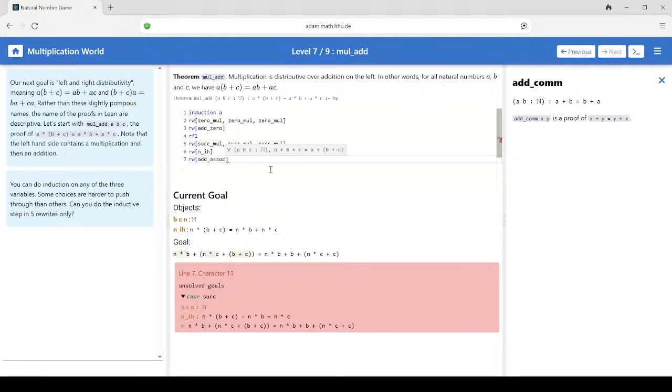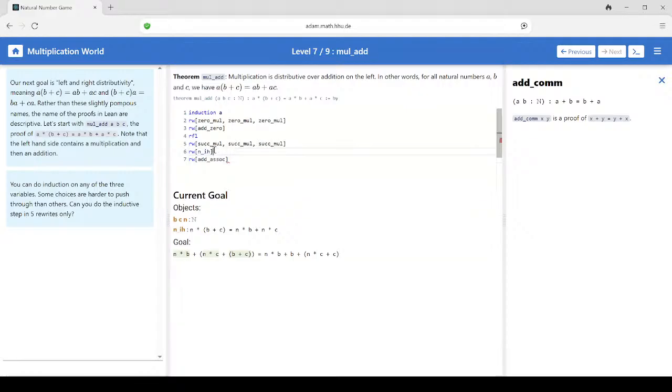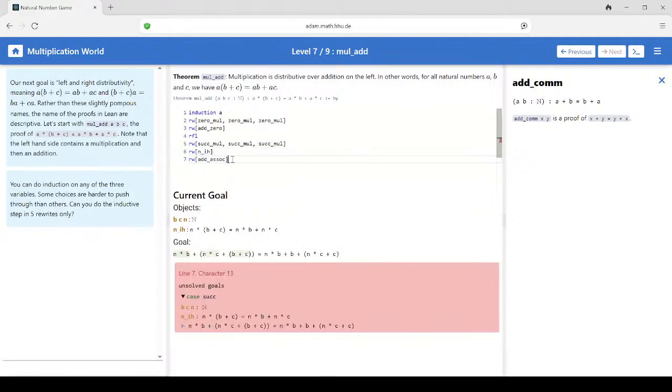No. What did this do? That just added a parentheses.